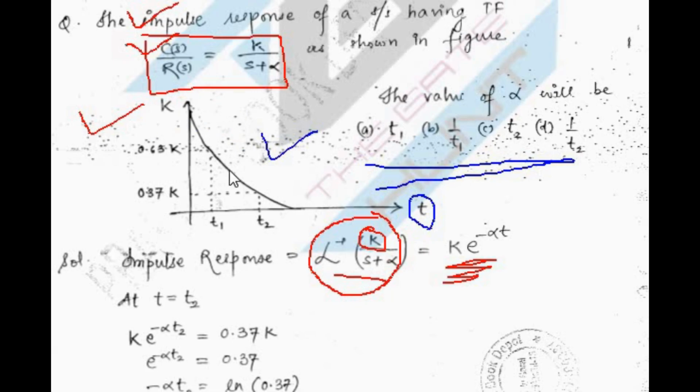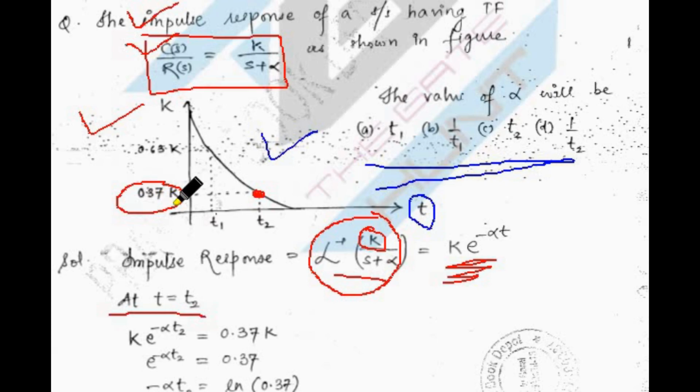So if you are going to put, first at t is equal to t2 at this point, okay, you are able to see that's t2. Then the magnitude for this transfer function will be 0.337 k.